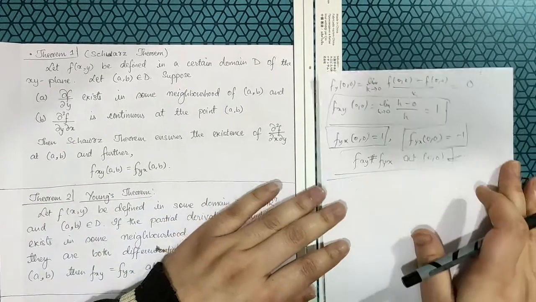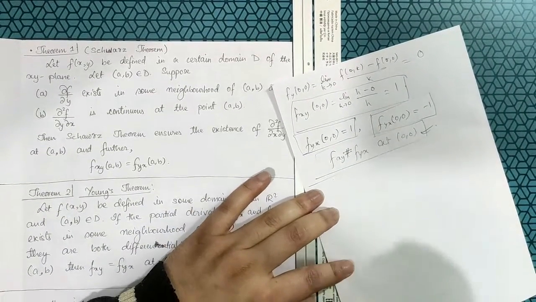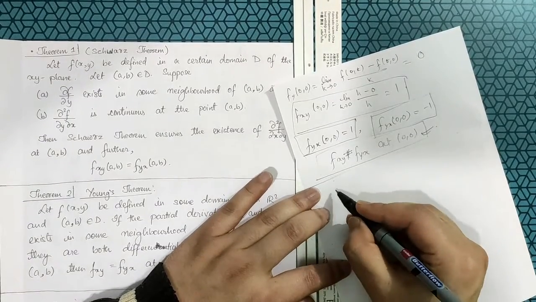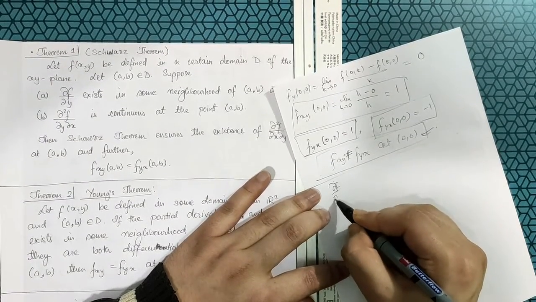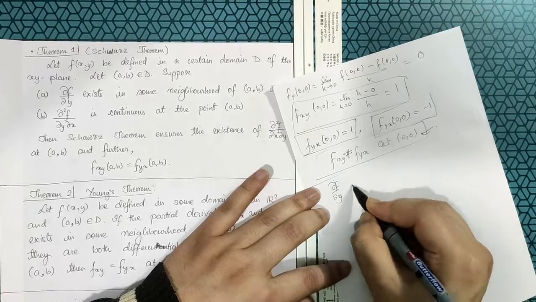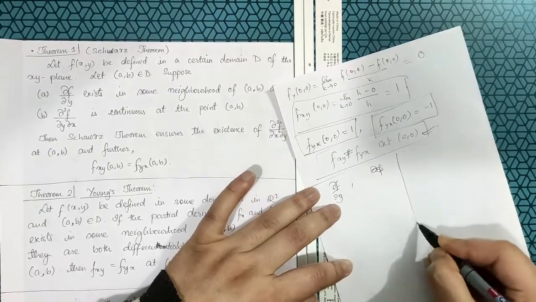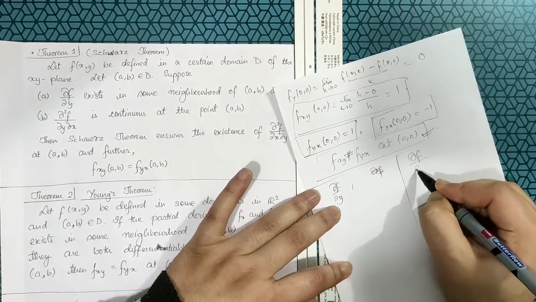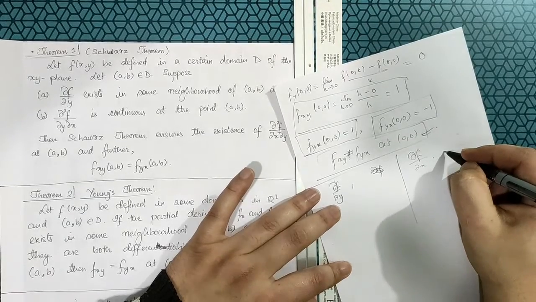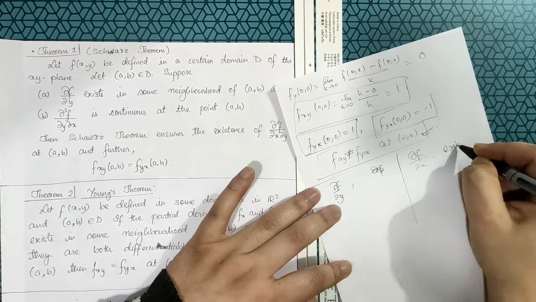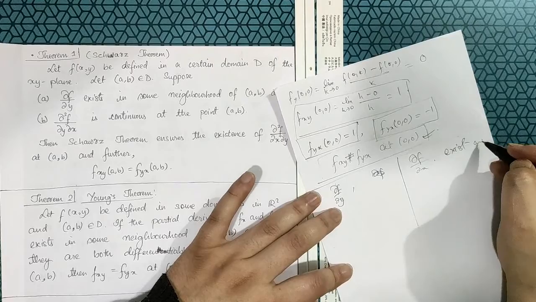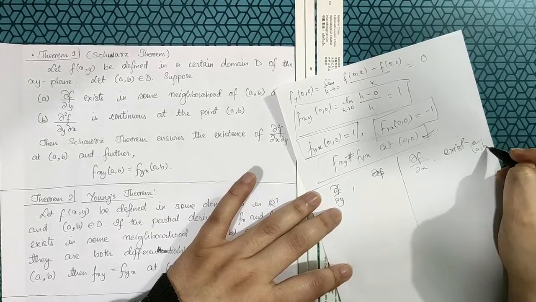So what this says is that either del f by del x or del f by del y exists in a neighborhood of that point (a,b).